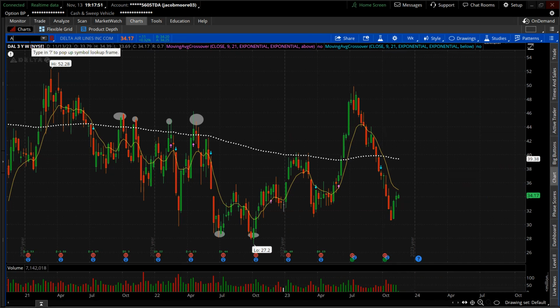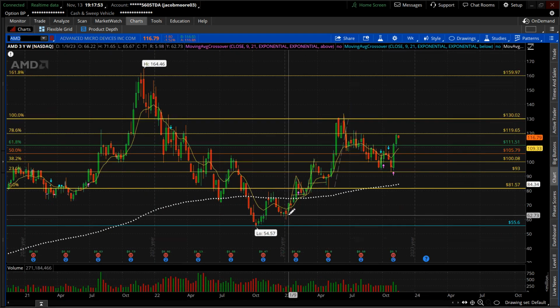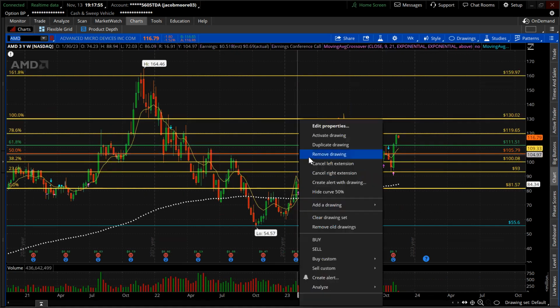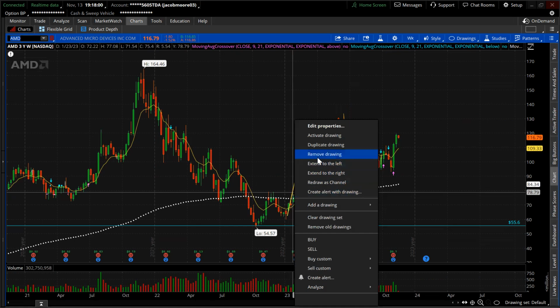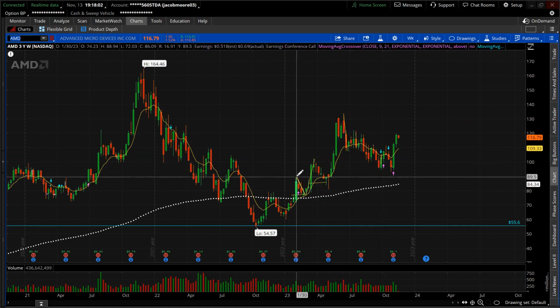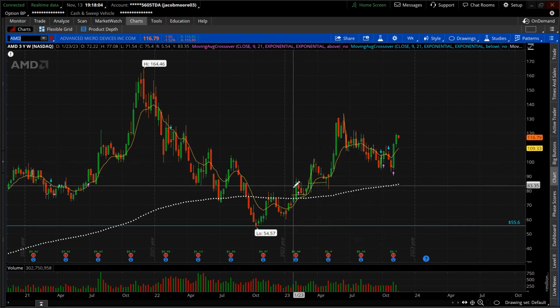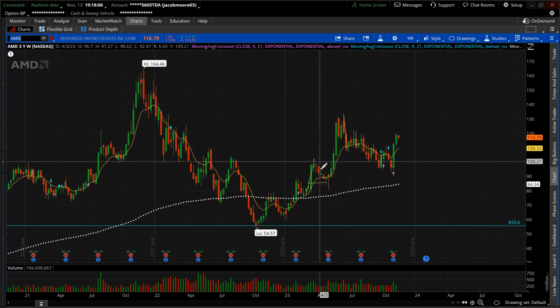So now let's go to one of my favorite stocks that I chart, which is a little bit easier to look at. And why do you think this weekly is easier than the Delta weekly chart?